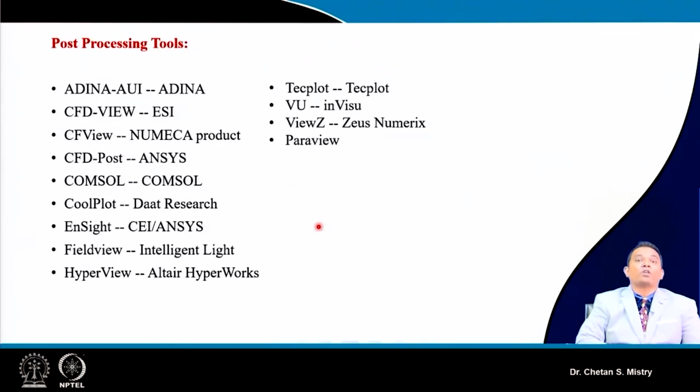Now, very important is to understand what we are doing in terms of simulation and what results we are getting, which is called post-processing.